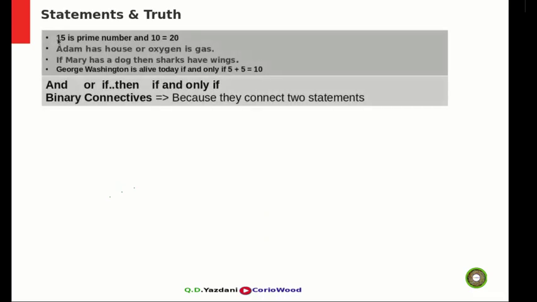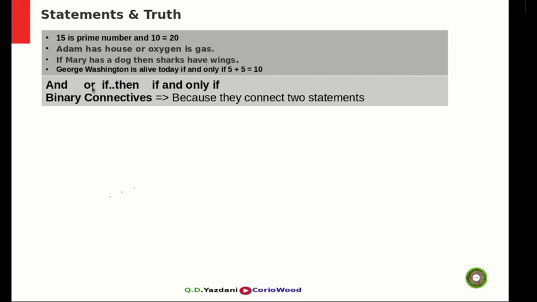Statements and truth. The first one, 15 is a prime number and 10 is equal to 20. Adam has a house and oxygen is gas. If Mary has a dog, then shark has 2 wings. George Washington is alive today if and only if 5 plus 5 is equal to 10. This is the example of the last slide.